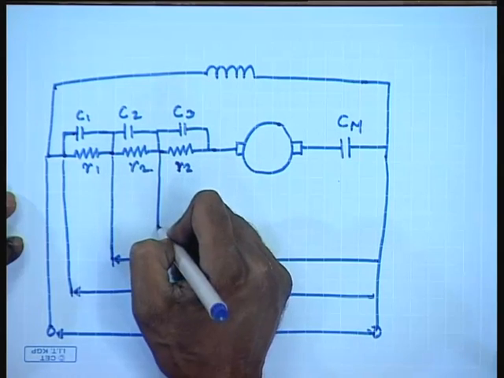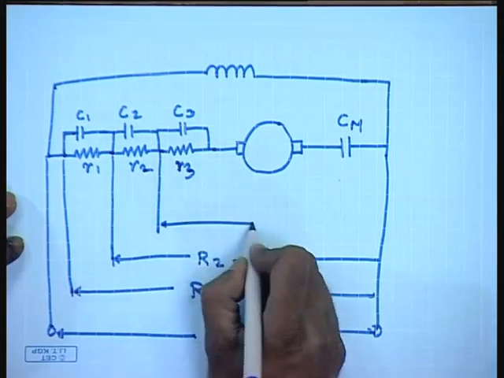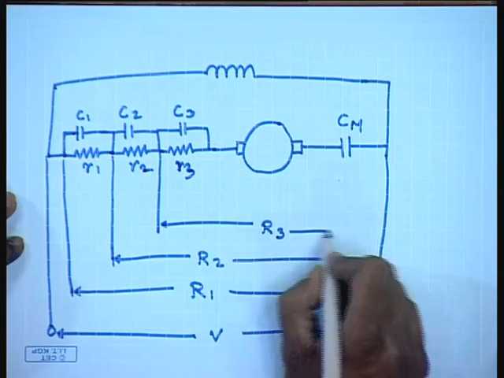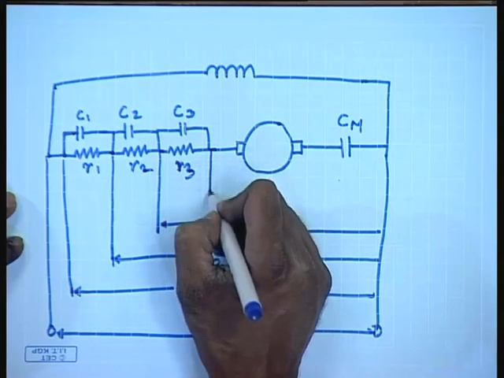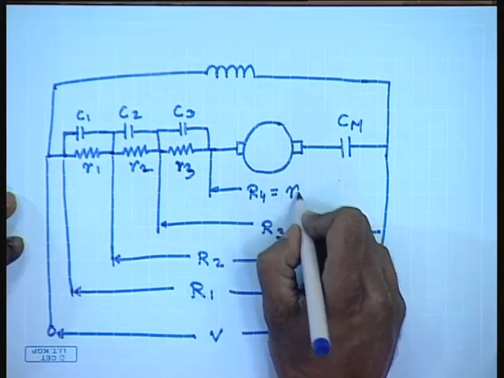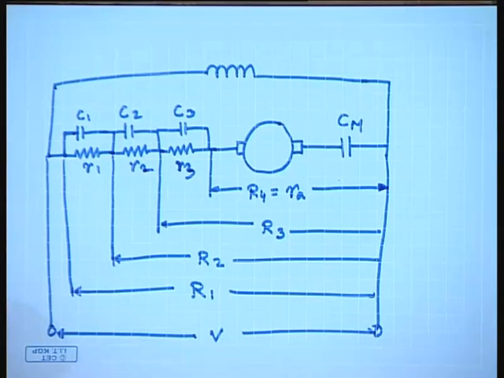When C2 is shorted, resistance becomes R3. When C3 is shorted, the resistance becomes R4, which is nothing but the armature resistance of the machine.